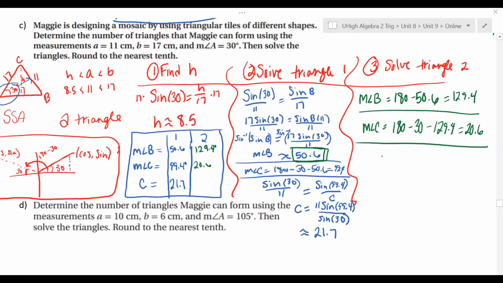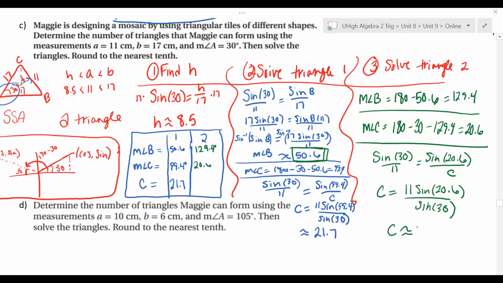The sine of A over A equals the sine of my new C value over C. I do my cross products and divide by the sine of 30 and get that C is equal to 11 times the sine of 20.6 over the sine of 30. So C is approximately 7.7.